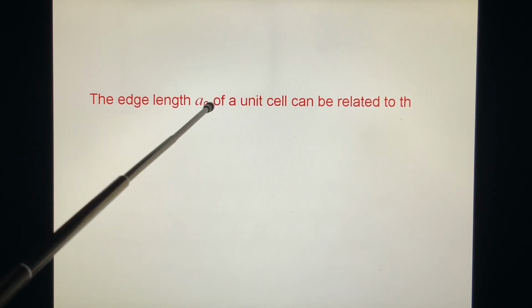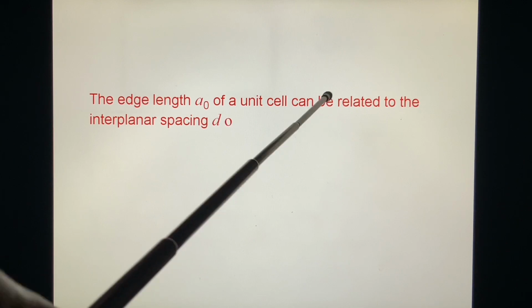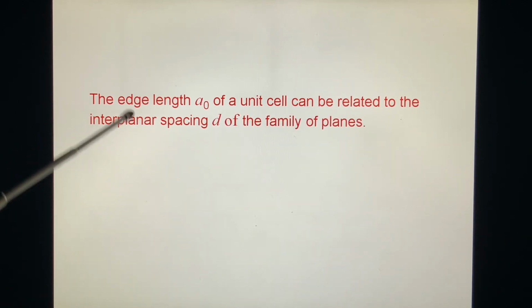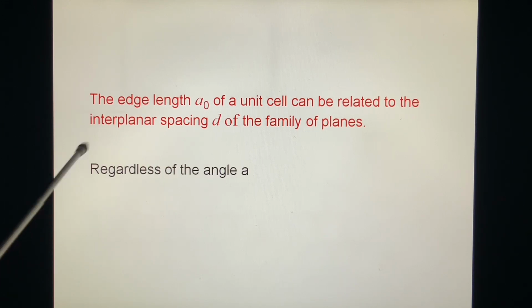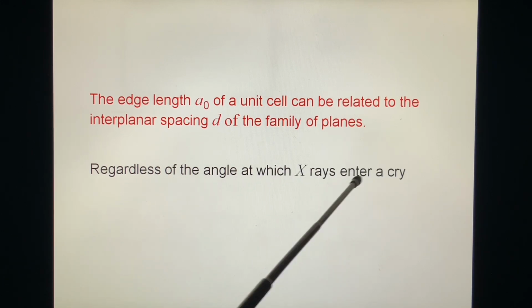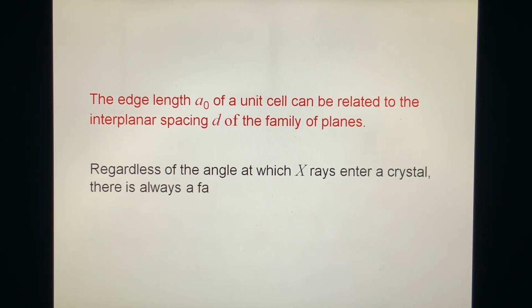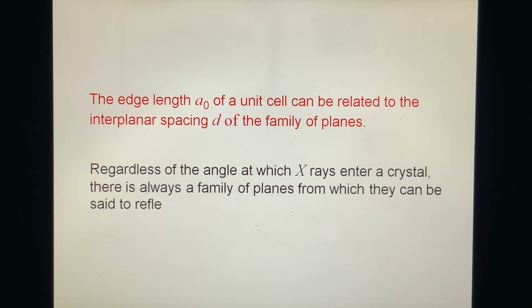The edge length a0 of a unit cell can be related to the interplane spacing d of the family of planes. Well, it's complicated. I'm not going to do it here. Regardless of the angle at which X-rays enter a crystal, there is always a family of planes from which they can be said to be reflected, so that we can apply Bragg's law.